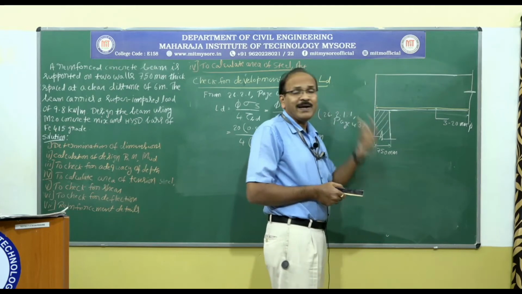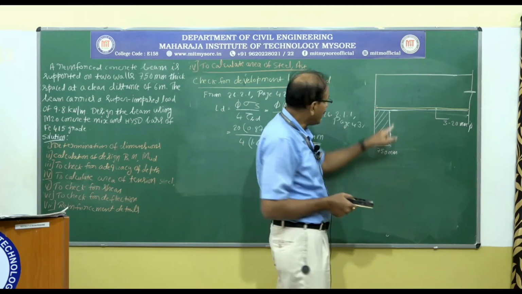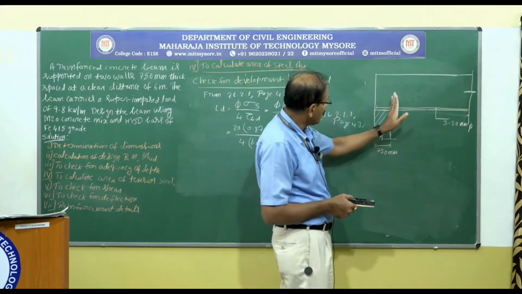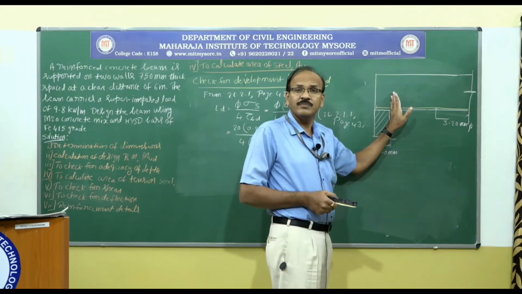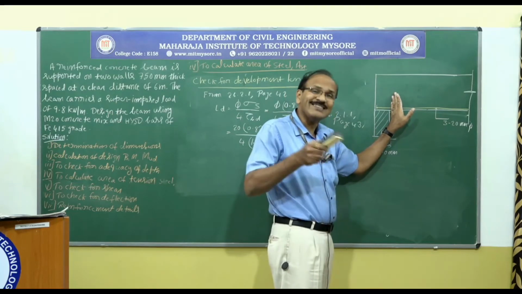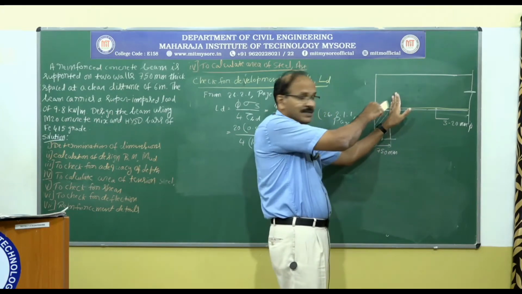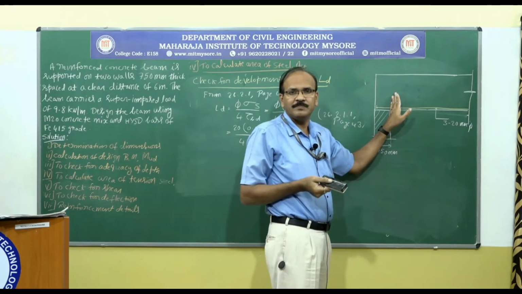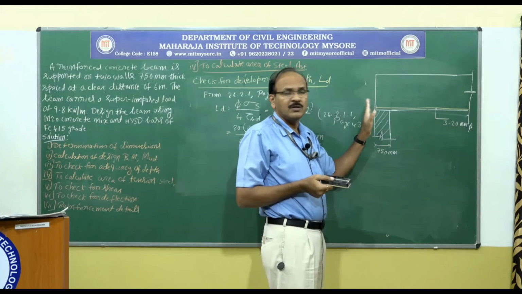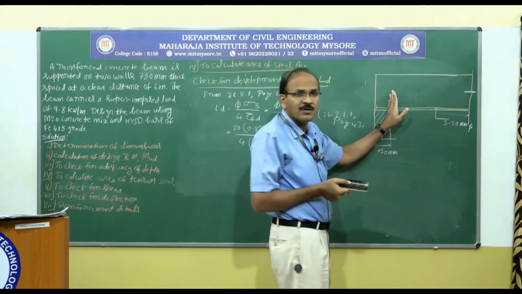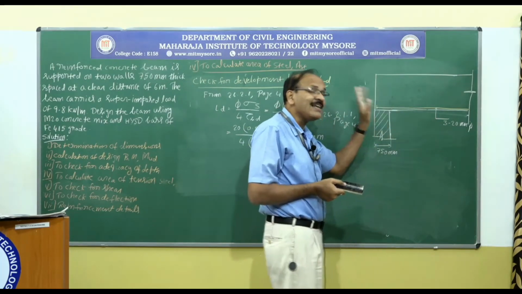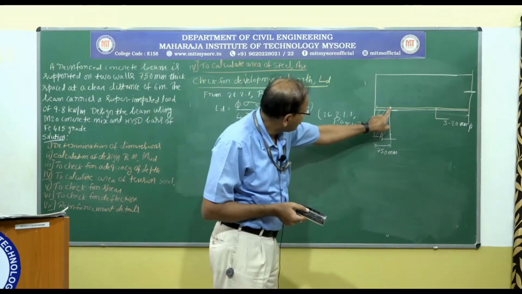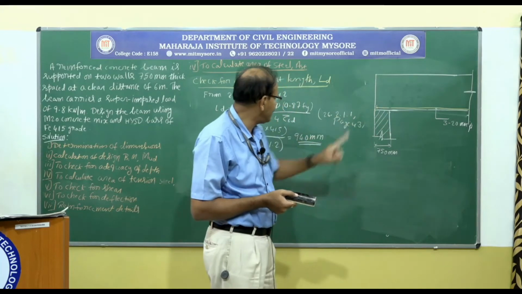So development length is measured from the face of the support. That's what the code says. So from the face of the support, the bars at least 1/3. Here I am not taking only 1/3. I am taking all the bars into the support. So that should be continued for a distance equal to LD/3. From here, it should be at least LD/3.